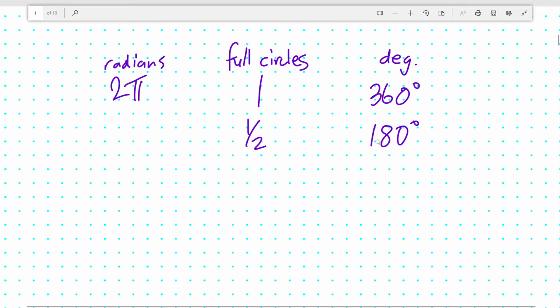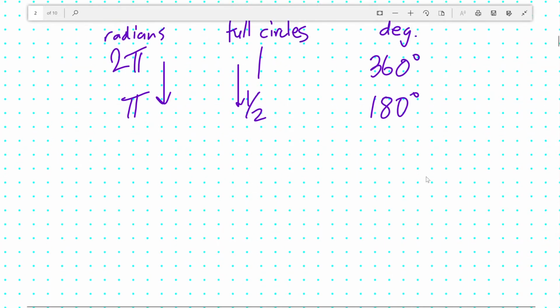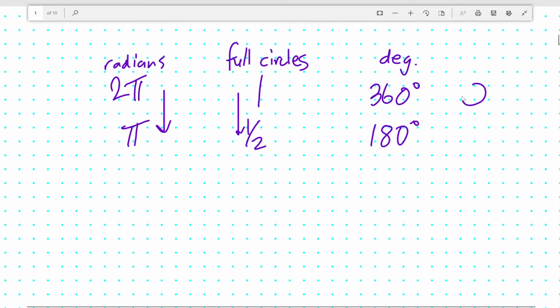A half circle has 180 degrees, whereas a half circle contains half the circumference, so half of 2 pi times the radius in length, so just pi radii, and so it's only pi radians. You can also get here by dividing this value of 2 pi by 2, just like how we divided this 1 by 2. So this is a full rotation. This is a half rotation.